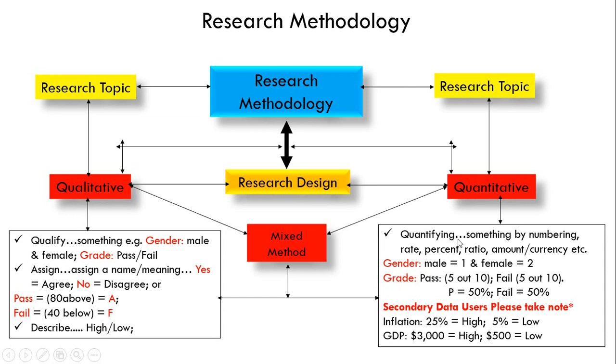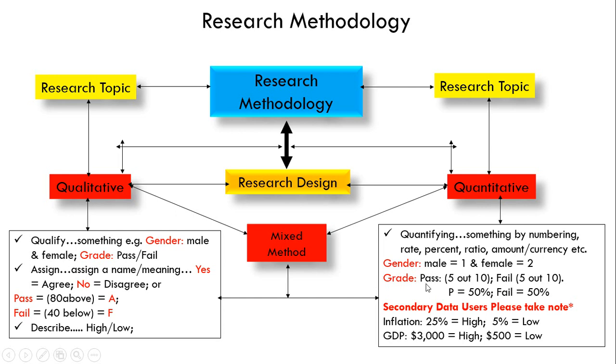Going forward, quantitative will simply mean quantifying by numbering, by rate, by percentage, ratio, and amount, as the case may be. Now, if you want to quantify a male, you can quantify a male by simply giving a male a quantity number of 1, and of course a female a quantity number of 2. You can also quantify grade, saying 5 out of 10 fail, or pass, meaning that 50% pass and 50% fail.